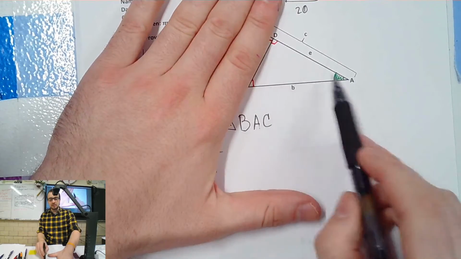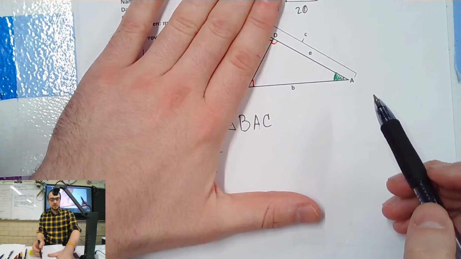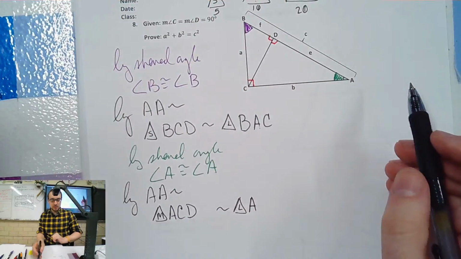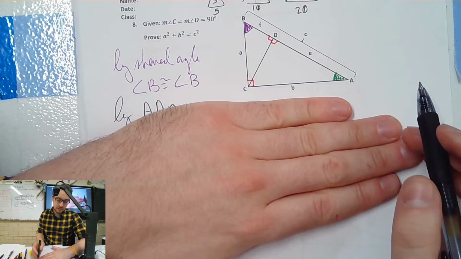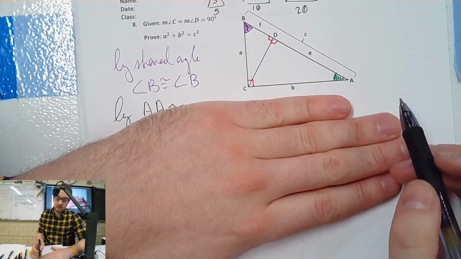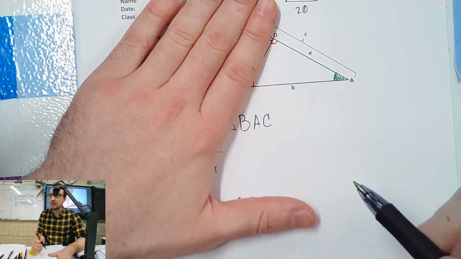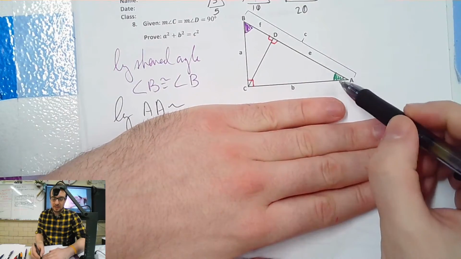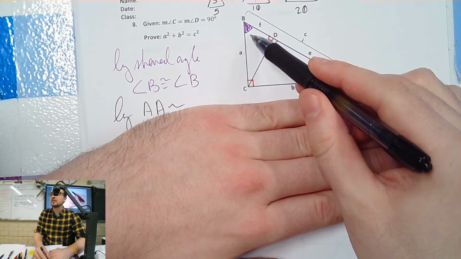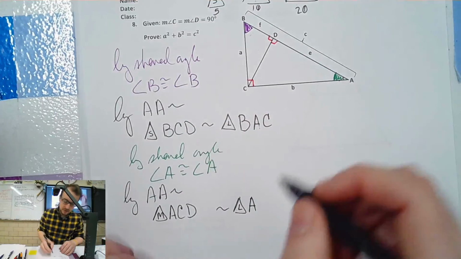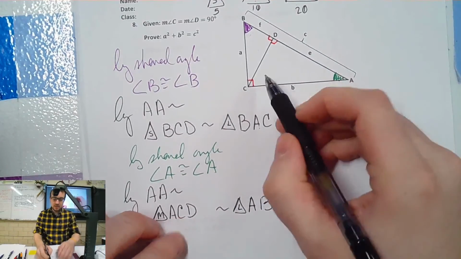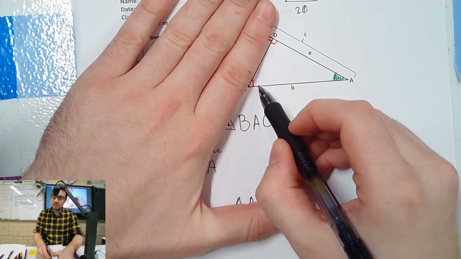It's not the right angle, it's not the green angle, it's the other one. Angle C matches up with which angle on the big triangle? The unknown angle. If it's not the green and it's not the right, it must be B.